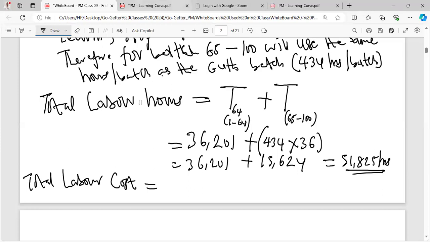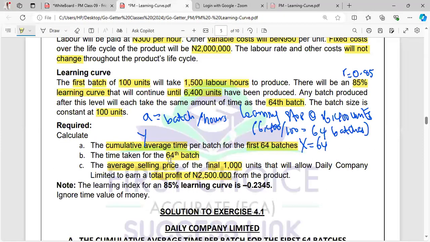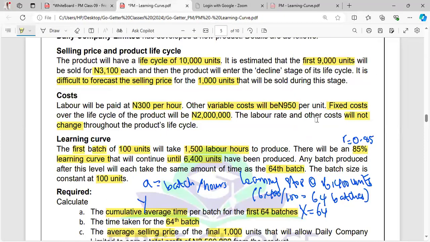Now let's add them all together. 36,201 plus 15,624 is 51,825.